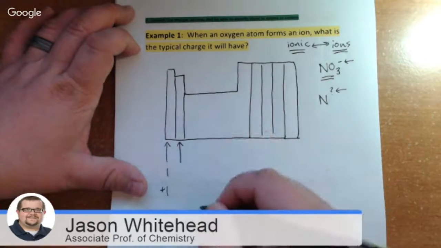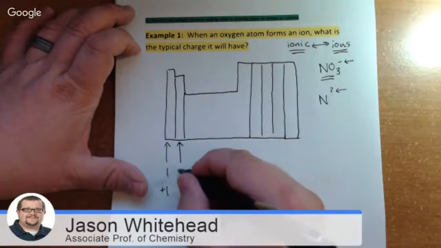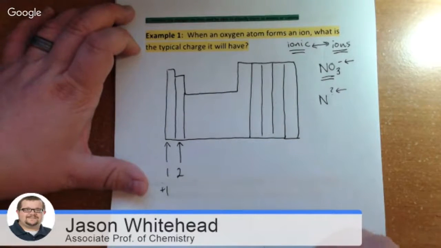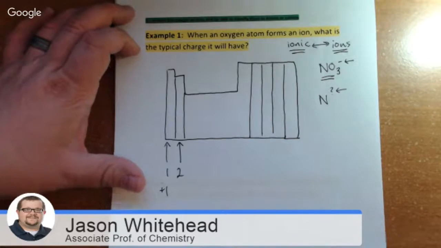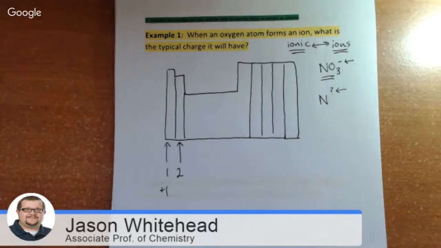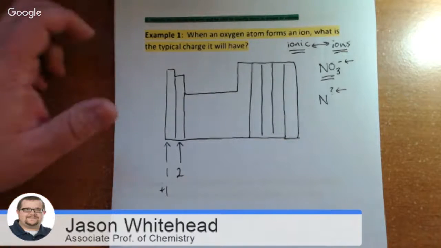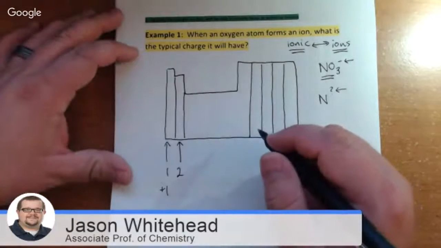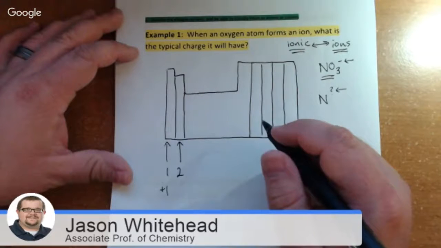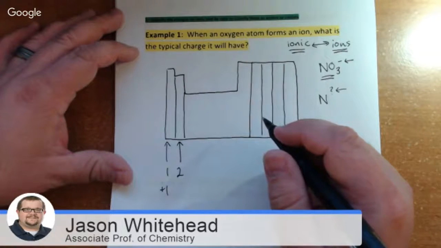Go ahead and type out in chat, what would it make sense for group 2 in the periodic table to have a charge of? All right, good.